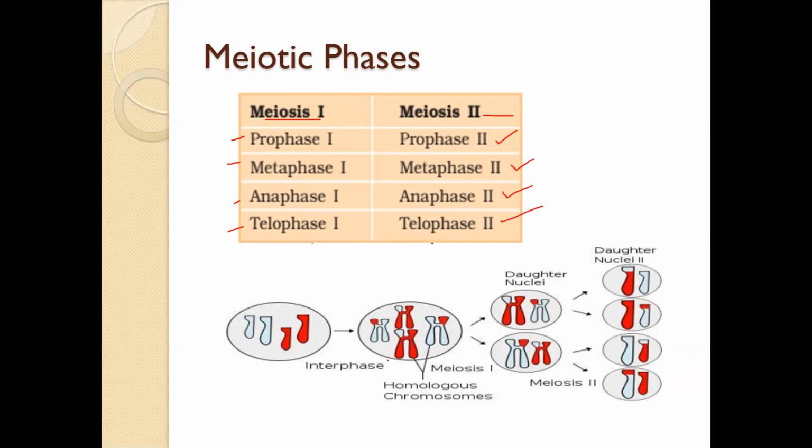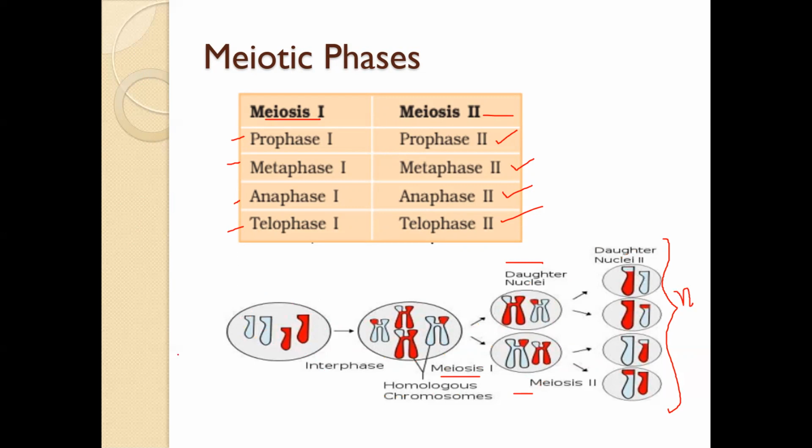So this is the interphase chromosome. After interphase, homologous chromosome pairing occurs in meiosis 1, producing two different daughter cells, and these daughter cells are again divided, producing daughter cells having a haploid number of chromosomes.